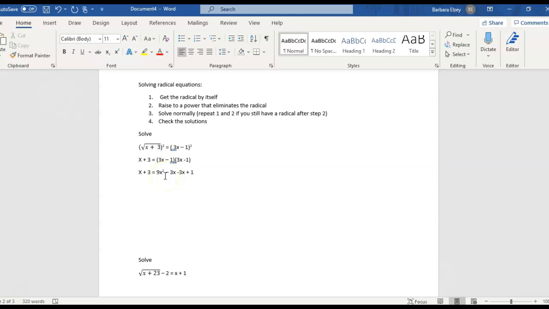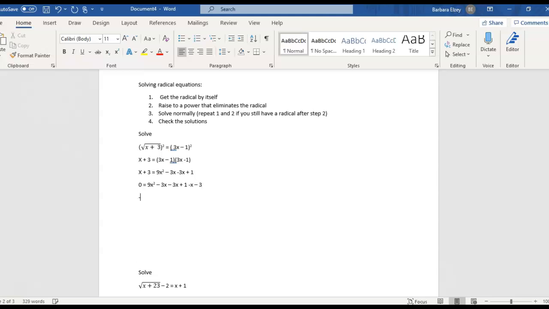So I'm going to move everything over to one side, get it all in descending order, and see if we can factor this. Now, the x and the 3 will be easier to move than all of this right-hand side, so I'm going to move the x and the 3 over to the right rather than moving to the left as we've done with some others. I'll leave everything on the right alone for the moment. When I move the x, it'll be a negative x, and when I move the 3, it'll be a negative 3.